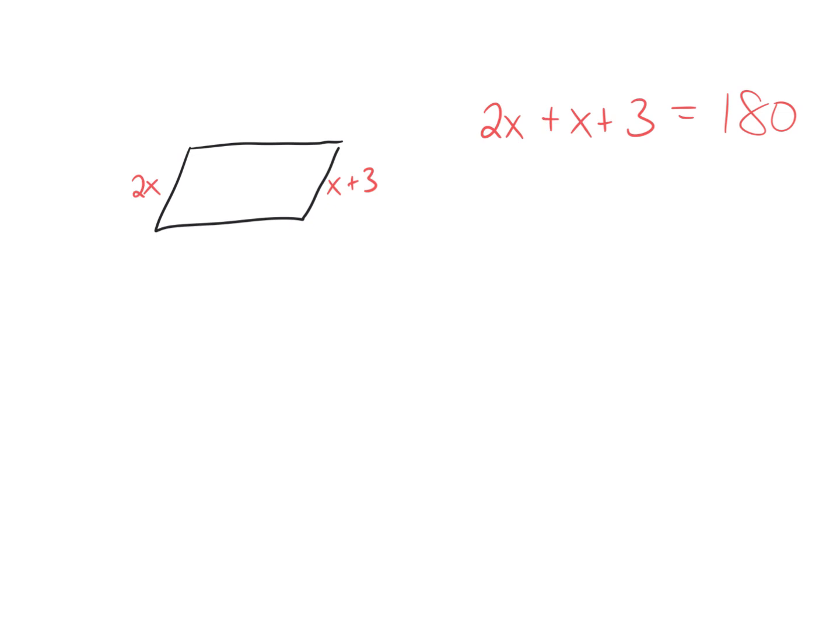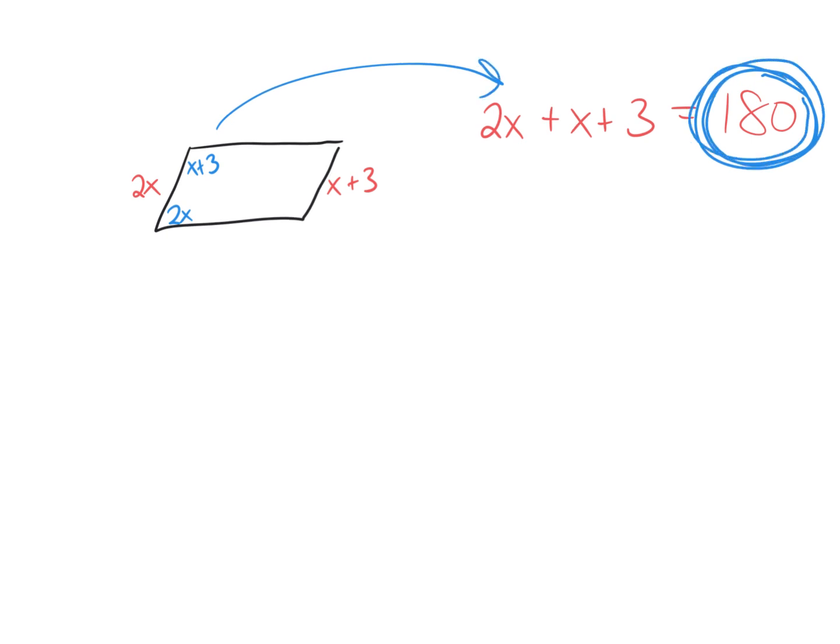Four sides are equal in 180. Right. Sides have nothing to do with 180 degrees. Now, if I had this, then would that be true? Yes, but do sides have anything to do with 180 degrees? Only angles. So, I don't want to see that anymore. I see that quite often. Remember, sides have nothing to do with 180 degrees. Keep that in mind.